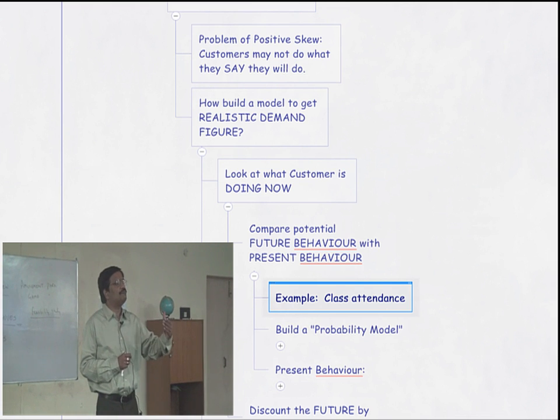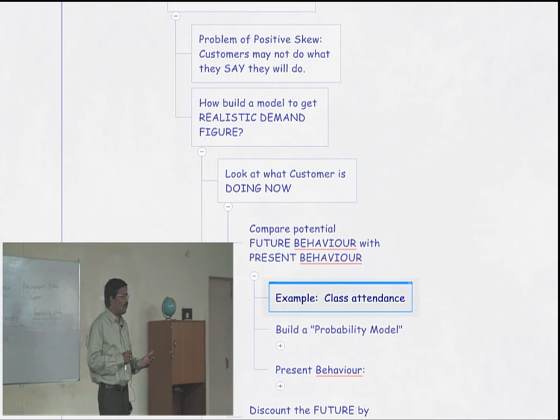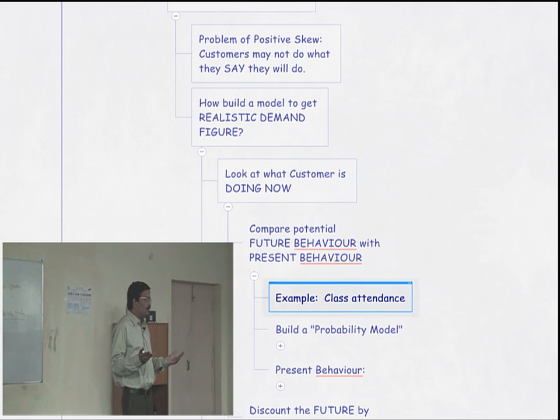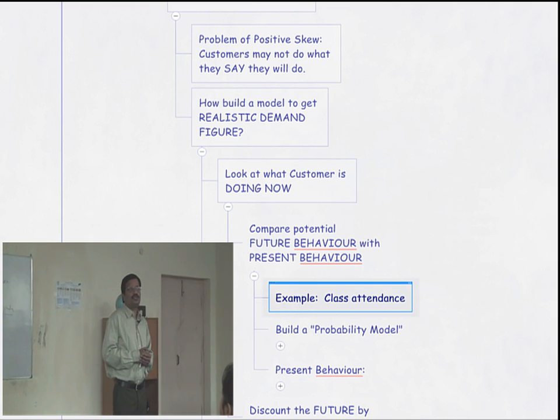I will give him better weightage that he will be coming to the class on time than a guy who I see in the past month, 25 days has not been regular to the class. So the probability of his coming tomorrow on time to the class is also a function of what he has done in the past, right?